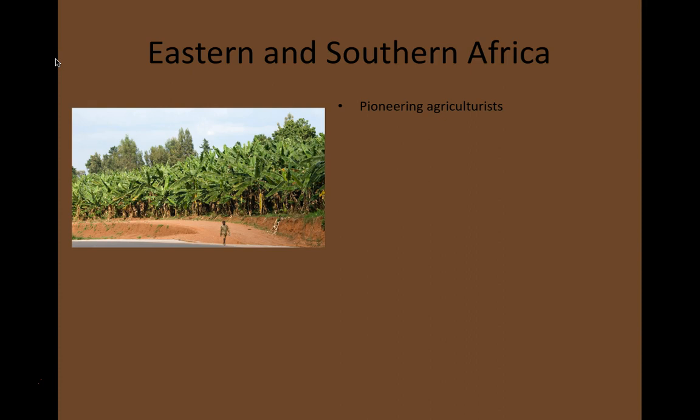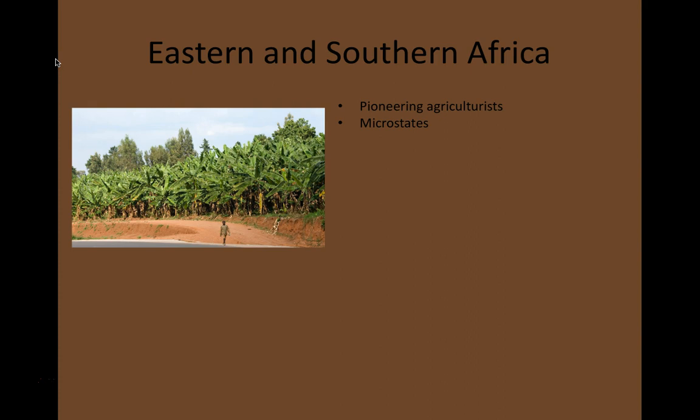But gradually over time, at least in some parts of Eastern and Southern Africa, there were microstates that developed, and in some cases even larger kingdoms. And we'll talk about those larger kingdoms. We'll talk about a few examples, some of which are earlier than others. In general, the Great Lakes region sees the establishment of powerful kingdoms probably by about the 17th century or so, maybe the 16th.